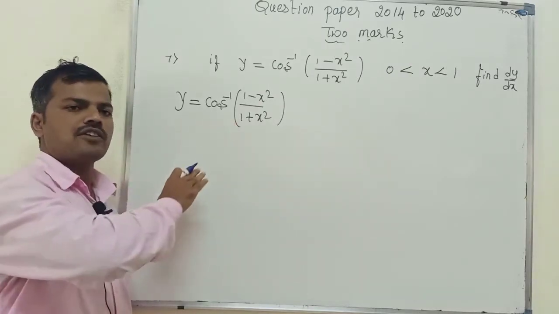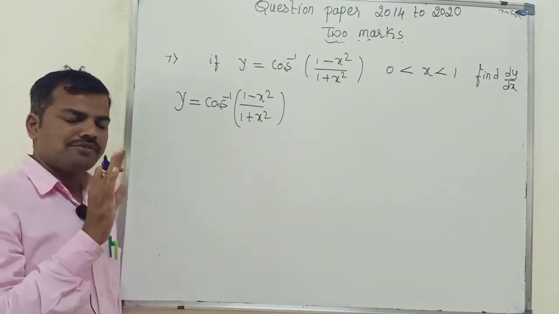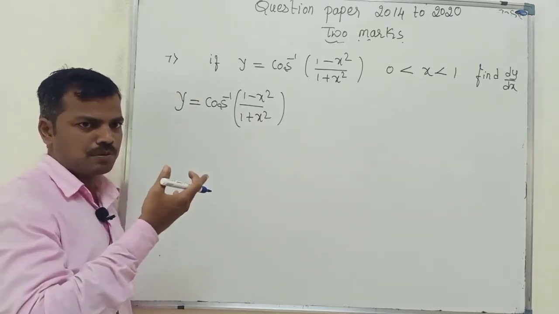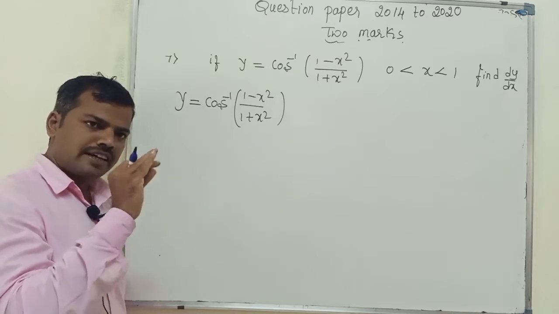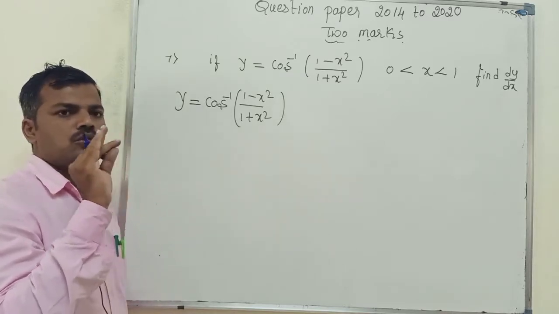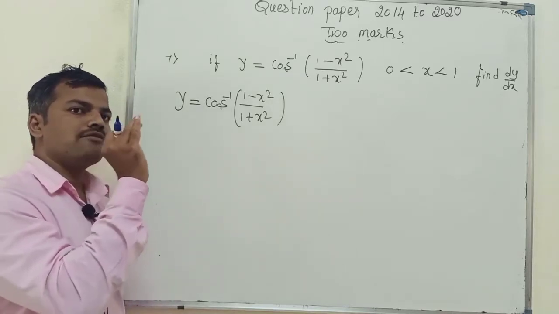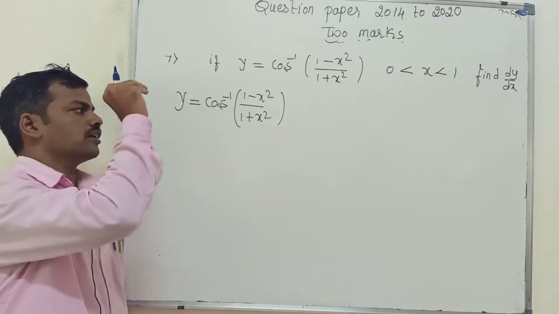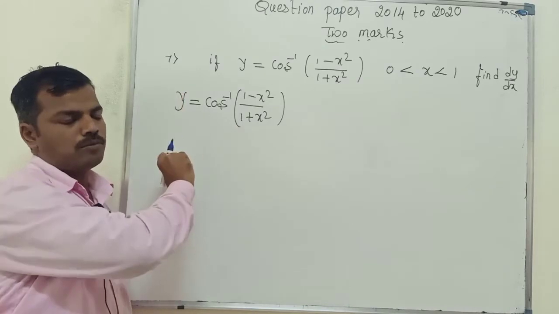If you directly differentiate, it is very complicated for us. So for simplification purposes, it is better to know what formula we have to apply, and what formulas we have regarding the problem that is given.